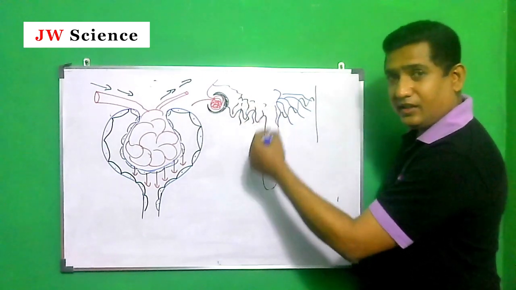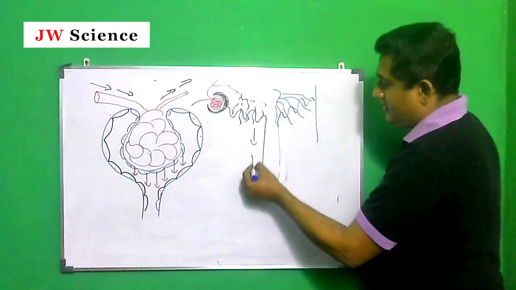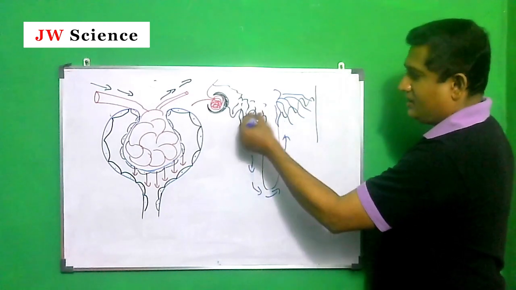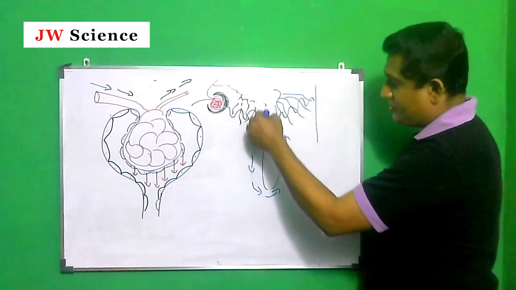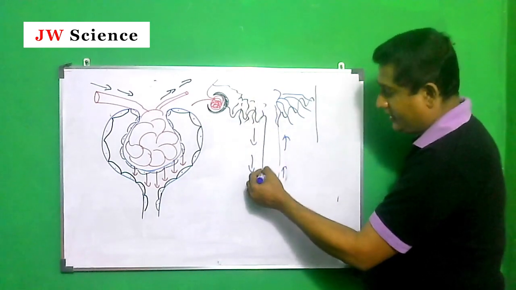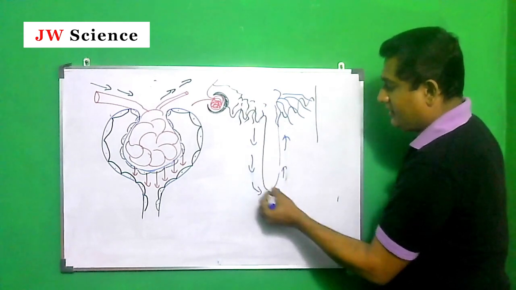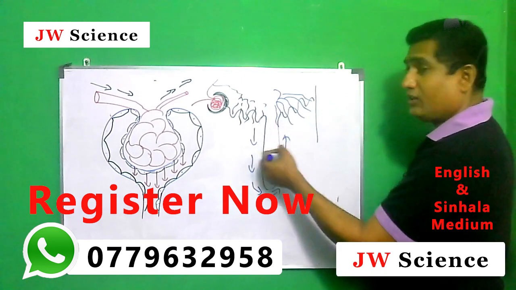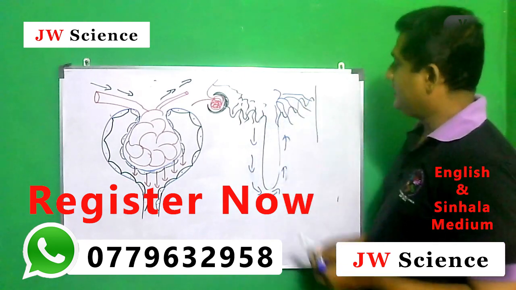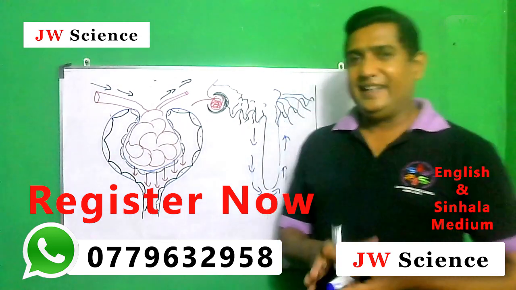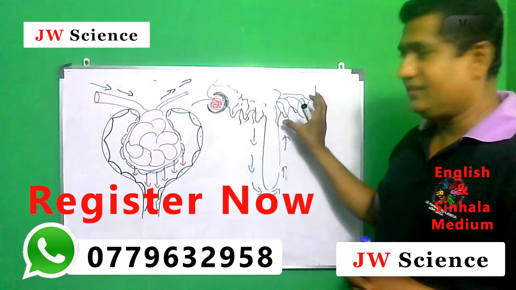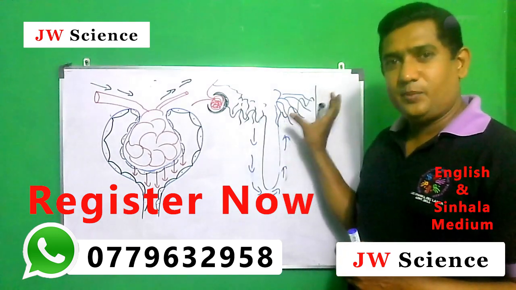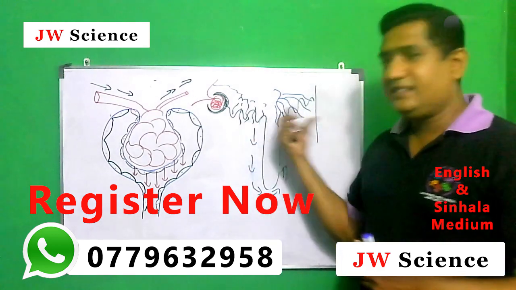Then this glomerular filtrate flows from the proximal convoluted tubule to the descending limb of the loop of Henle, then passes the loop of Henle, then the ascending part of the loop of Henle. Then the glomerular filtrate reaches the last area of the nephron, which is the distal convoluted tubule. This secretion, the final step of urine formation, happens in the distal convoluted tubule.